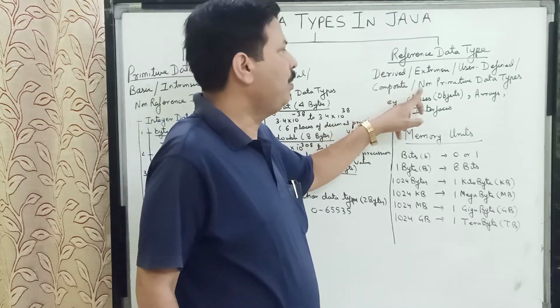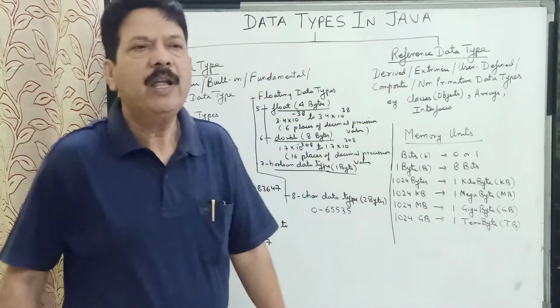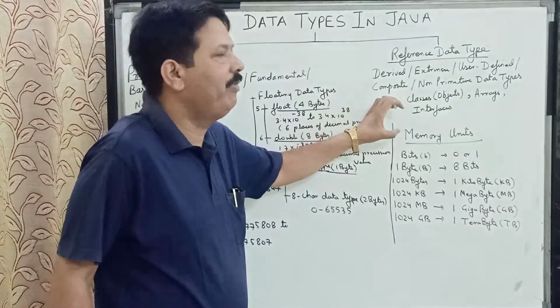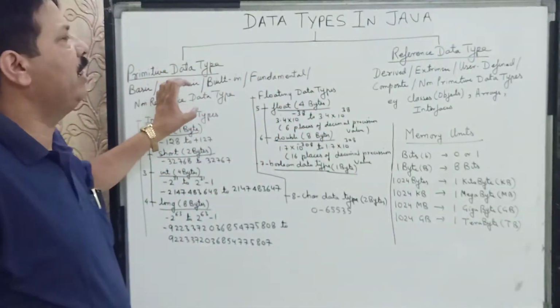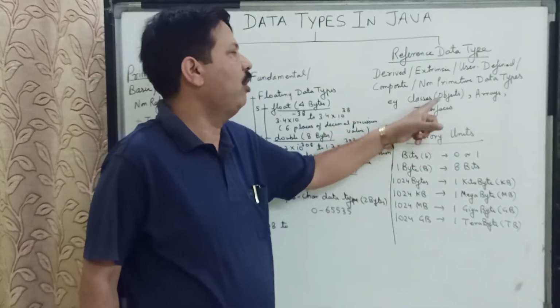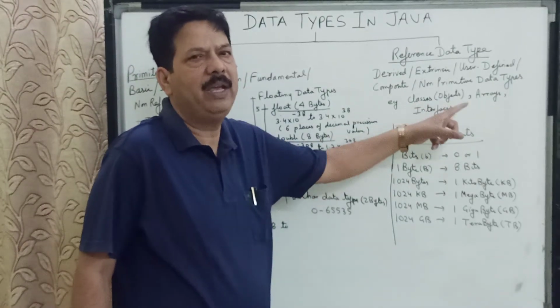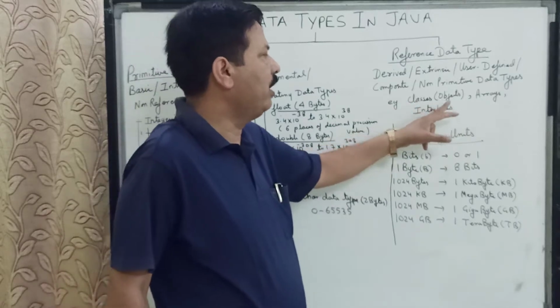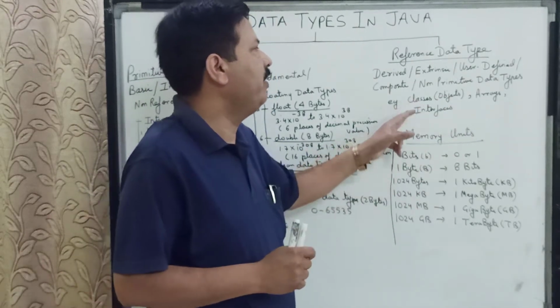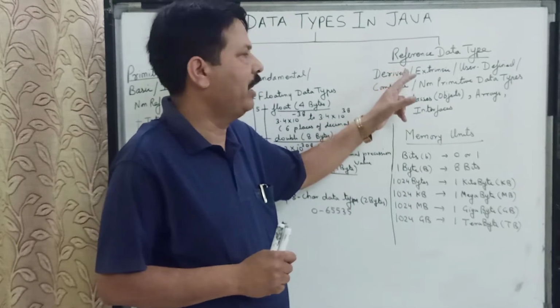type, non-primitive data type. And children, when we make the reference data type from the primitive data type, the examples of reference data type are objects or classes, because through classes we make the object. Class or the object, which is a string data, is an example of reference data type.